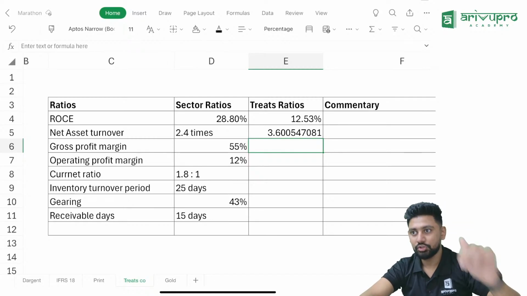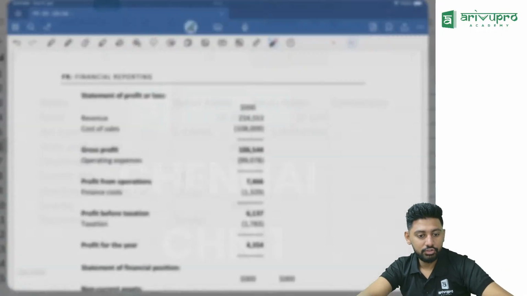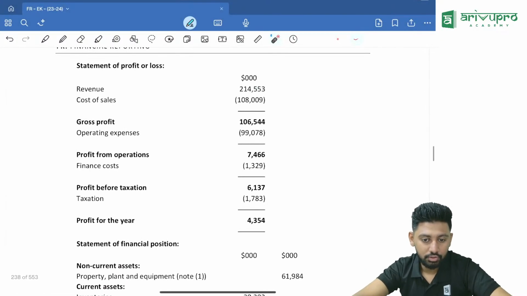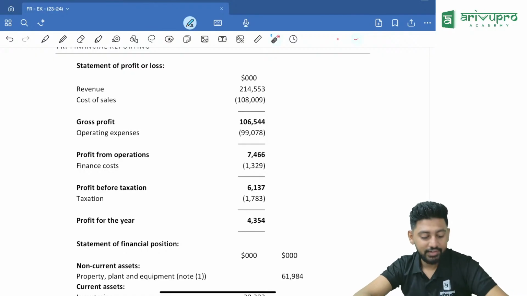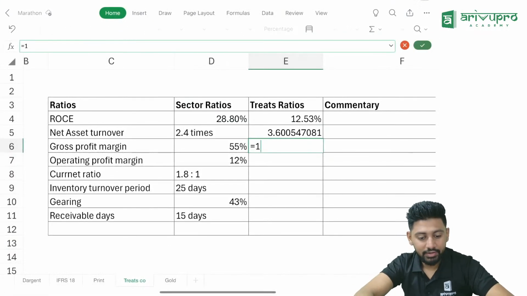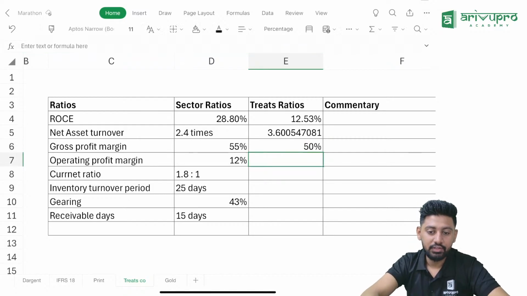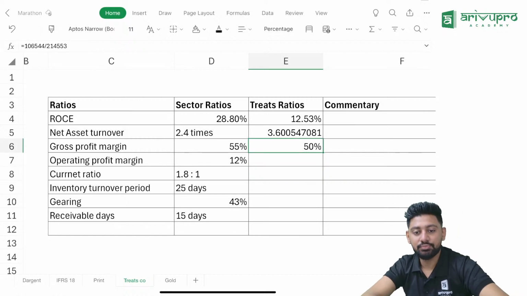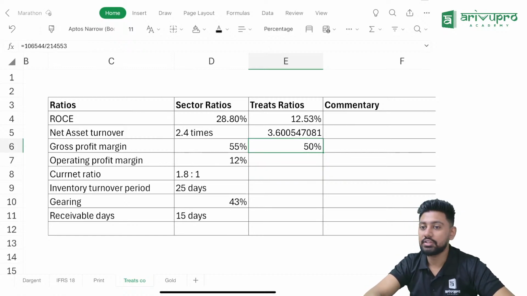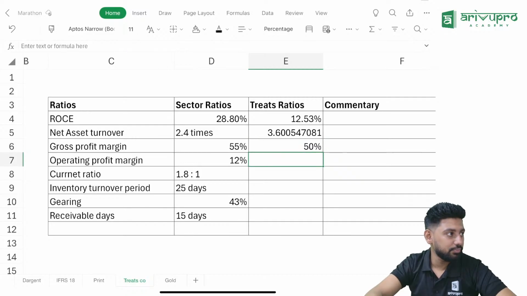Next, we've got gross profit margin. So let's go back. How much is our gross profits? Our gross profit is 106,544 over 214,553, which gives me 50% as my gross profit margin.